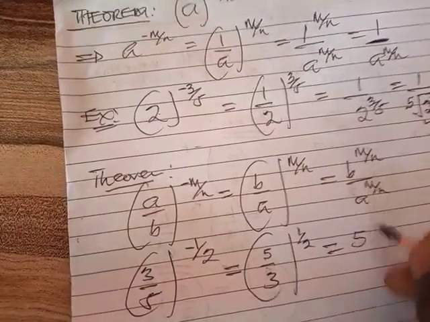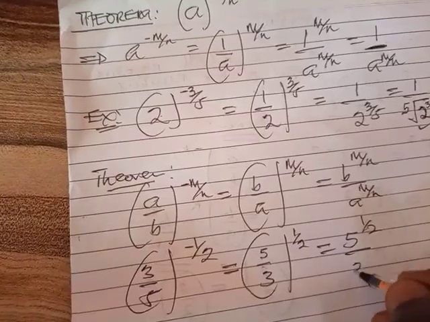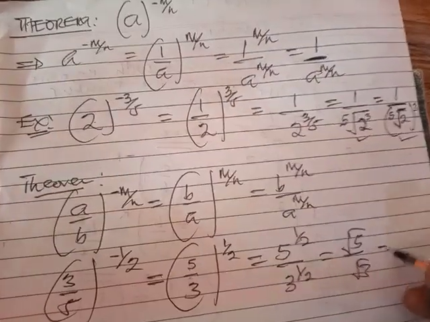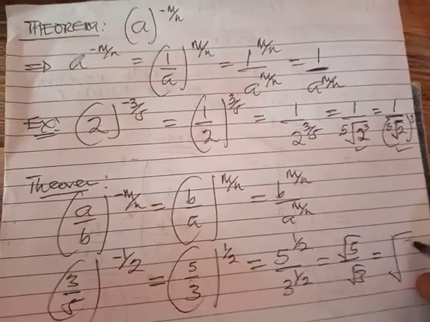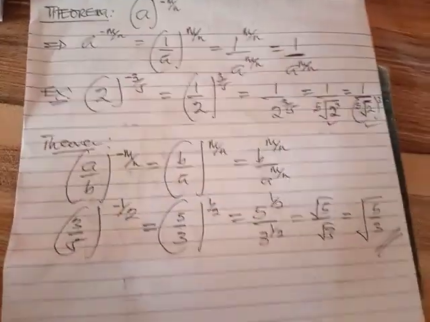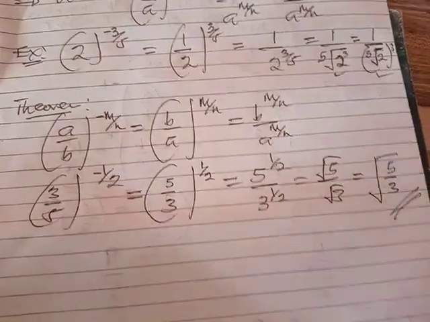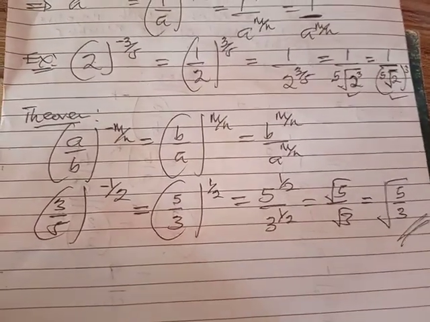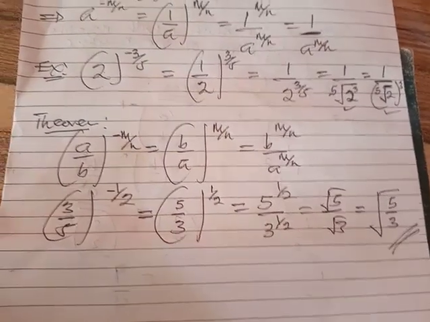So we have 5 exponent half over 3 exponent half. That's root 5 over root 3. Also the same as the square root of 5 over 3. So this is what happens under the 4 properties of indices.